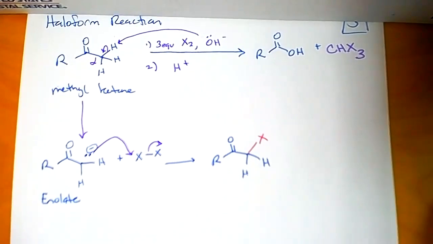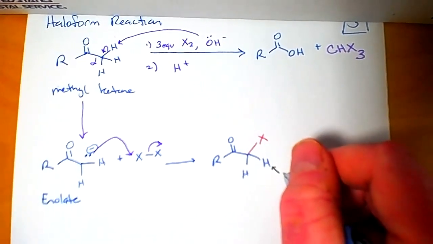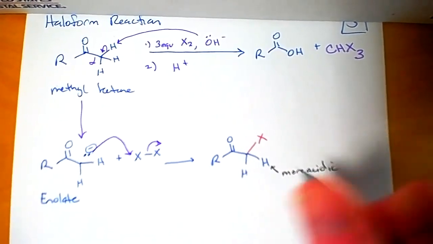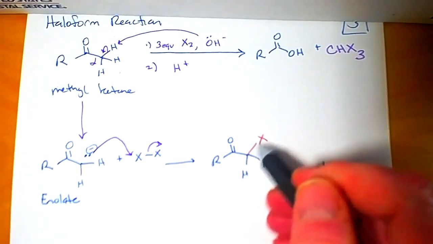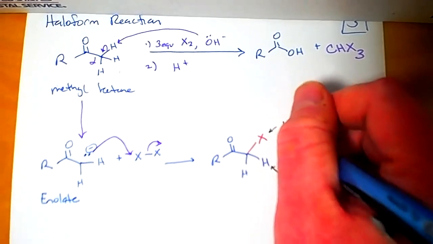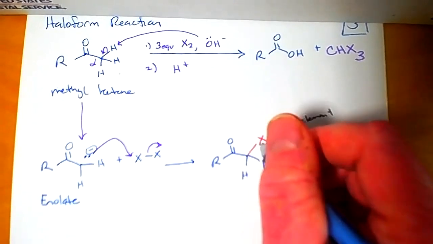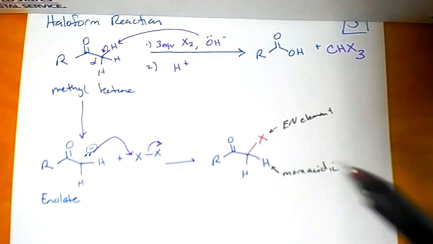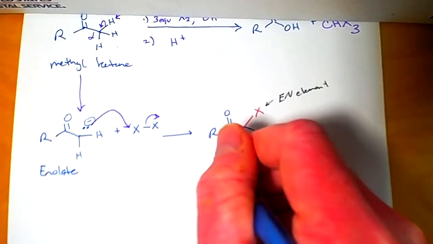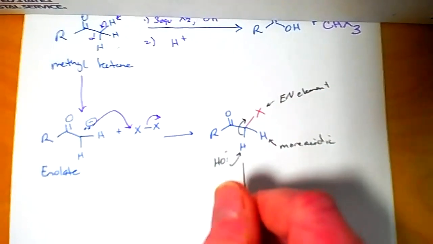And once you do this, these hydrogens here that are remaining are now even more acidic than the hydrogens that we started with because now you have an electronegative element here as well. So that is also kind of sucking electron density out of those bonds. And so as soon as it does it the first time, the hydroxide is going to be able to go in and do this a second time.